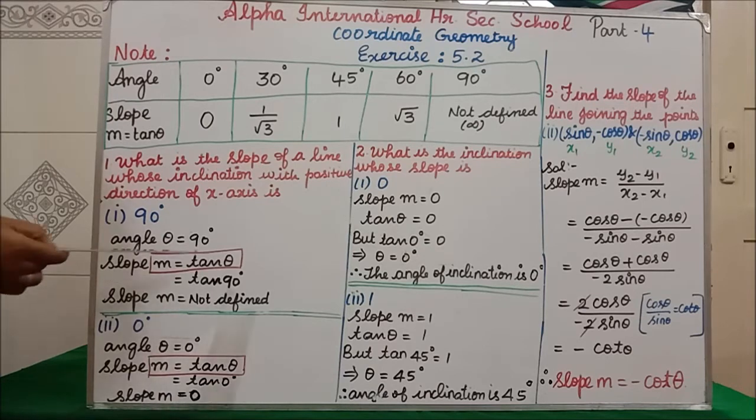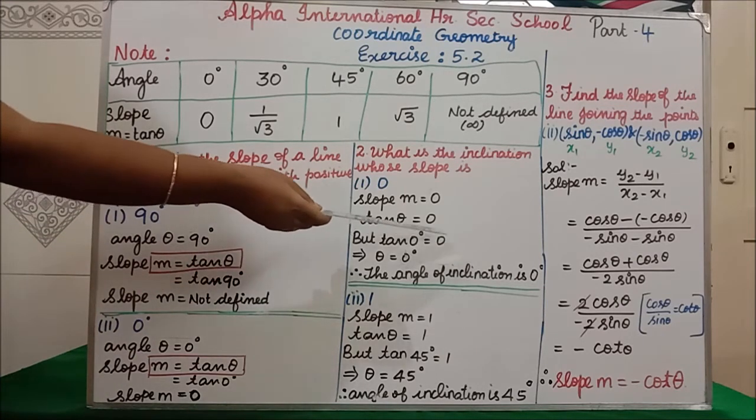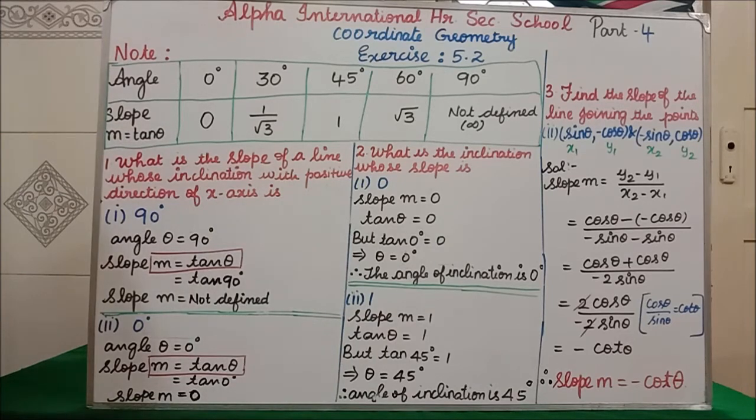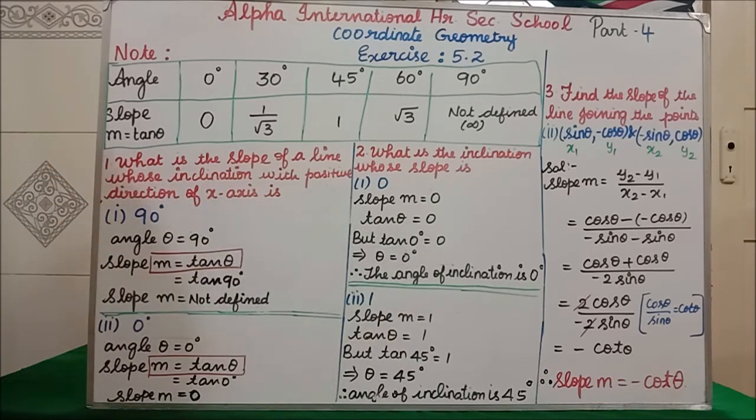We know slope m is equal to tan theta as our formula. If slope m is equal to 0, then tan theta is also obviously 0. Isn't it? So write tan theta equal to 0. But when will tan be 0? Only when theta is 0 degree we will get 0, isn't it? So in the place of theta you write 0 degree.